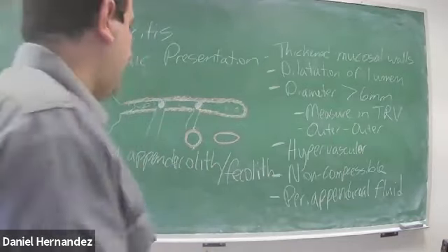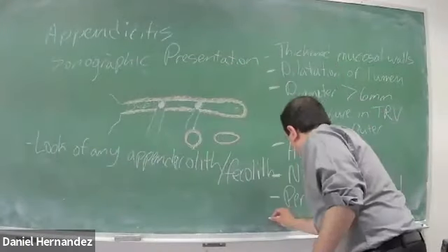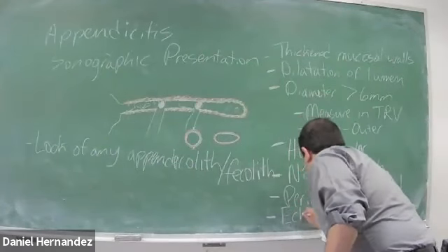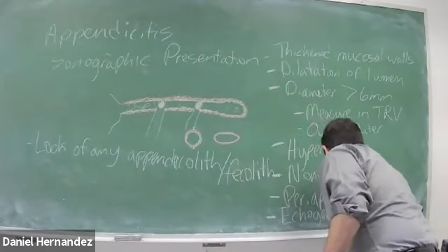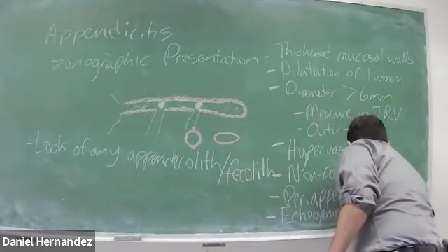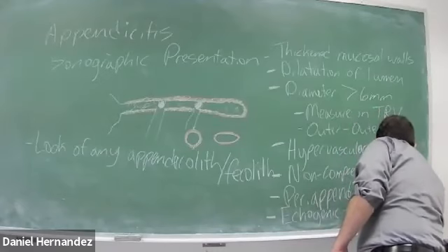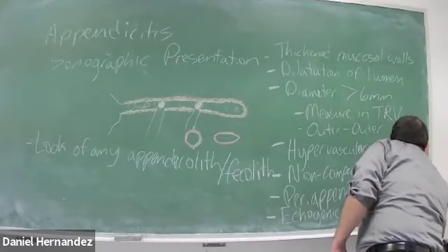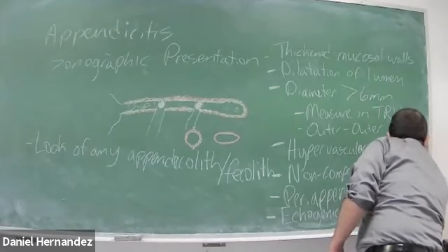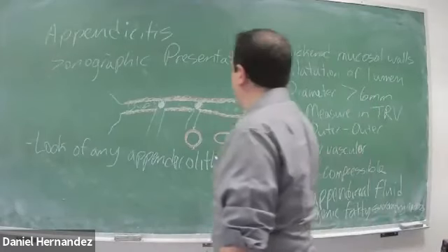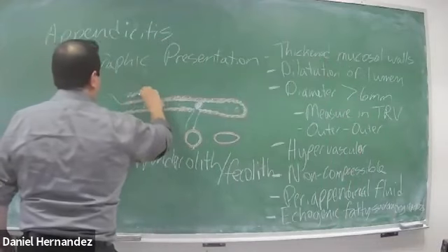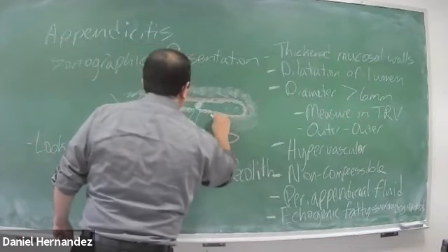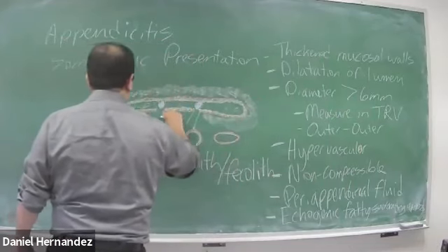So in addition to periappendiceal fluid, you can also see echogenic fat surrounding the appendix. The area around the appendix, you'll notice that the fat and tissue typically becomes echogenic surrounding the appendix.